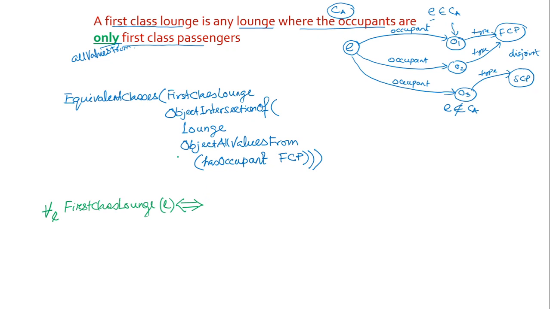We have equivalent classes. We'll be using both the implications. L should be a lounge, and also for all the occupants, like the passengers, right, has occupant.